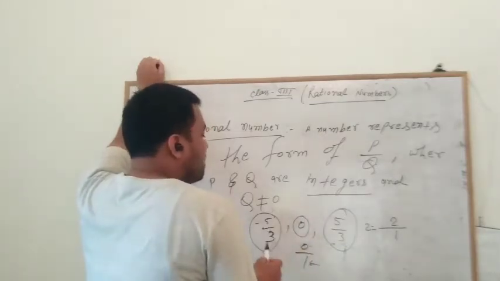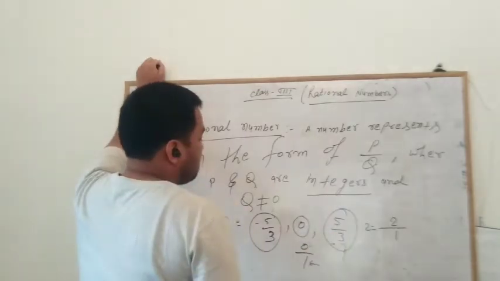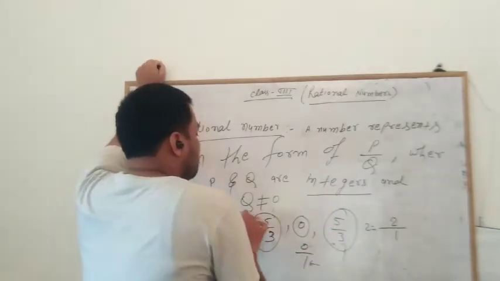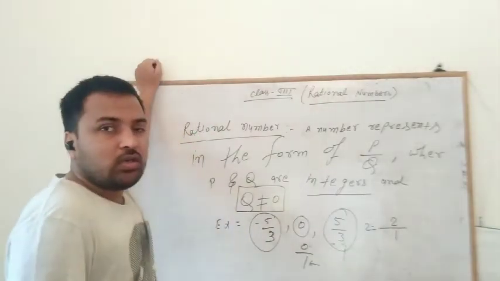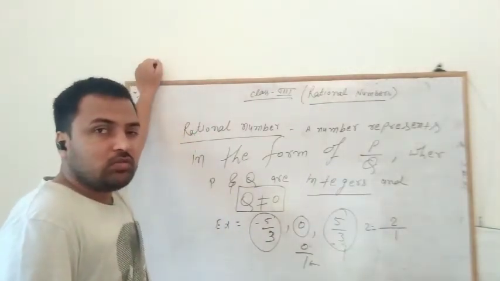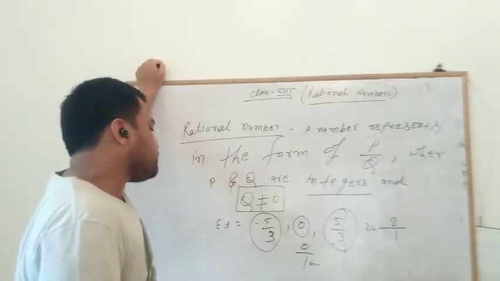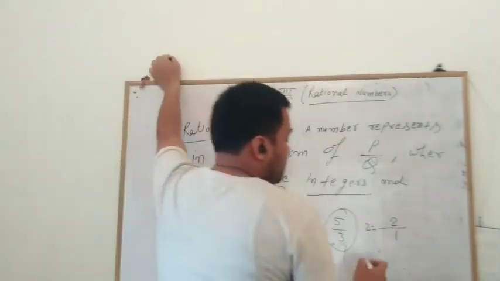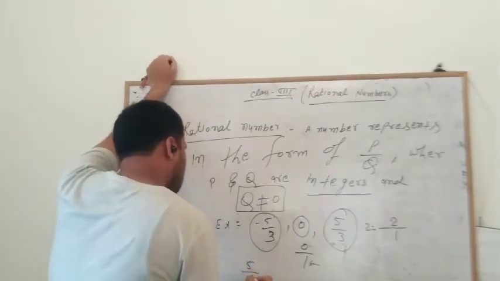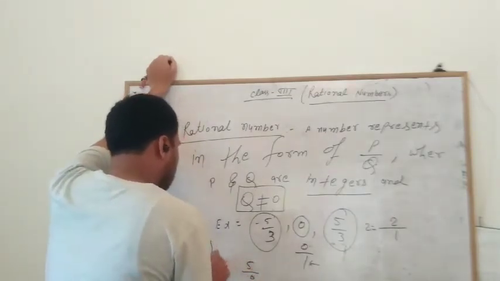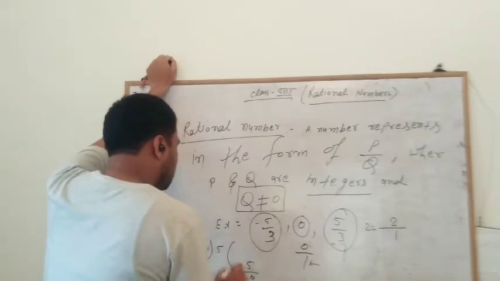Minus 5 by 3 is a rational number, 5 by 3 is a rational number. Now one thing we will discuss is why the denominator is not equal to 0. It is because any number divided by 0, consider 5 by 0, how can we divide 5 by 0?